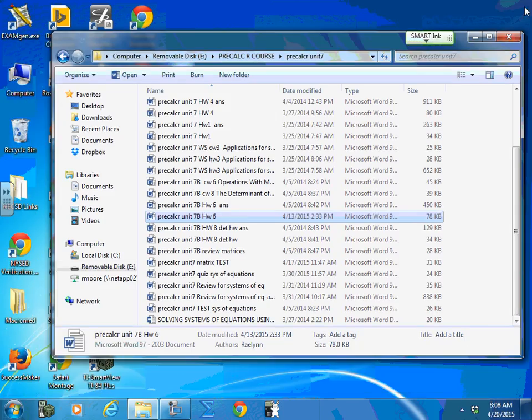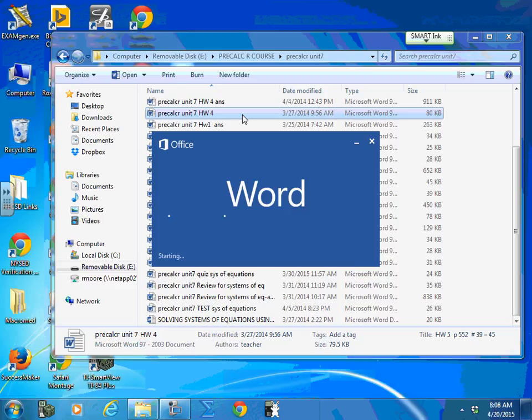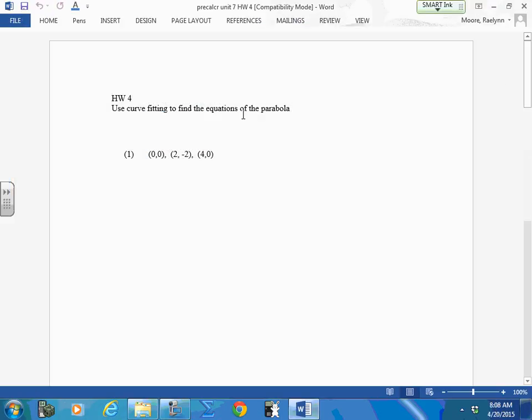Remember, I said, guys, this is going to be on your test. I'm giving you a parabola, not a circle. I find the parabolas a little bit easier.